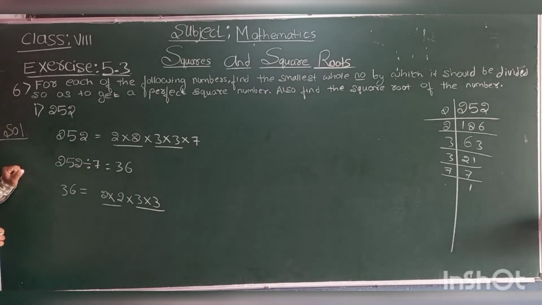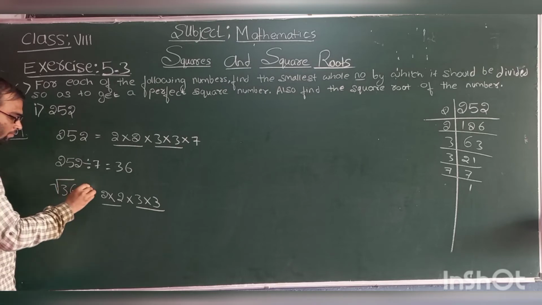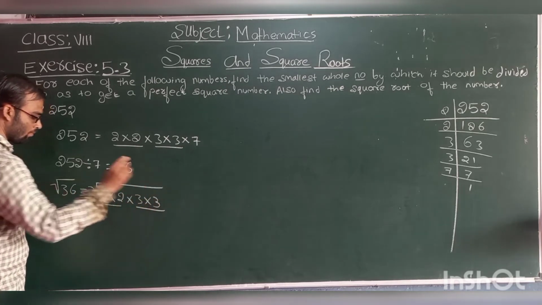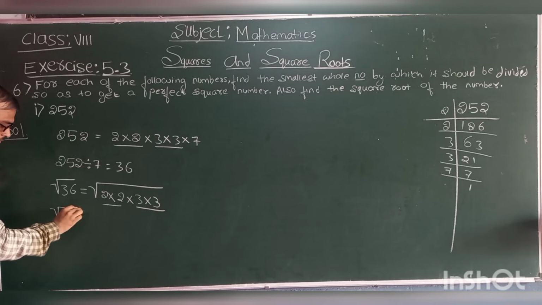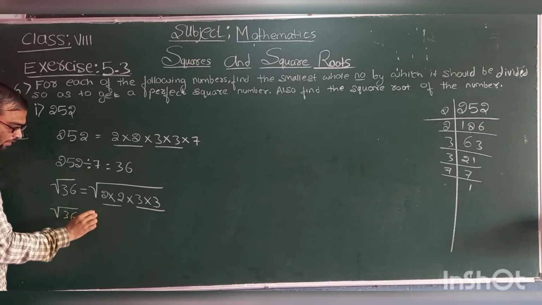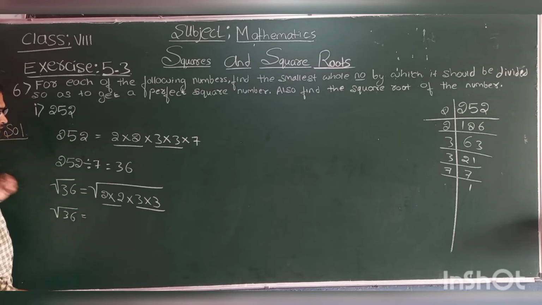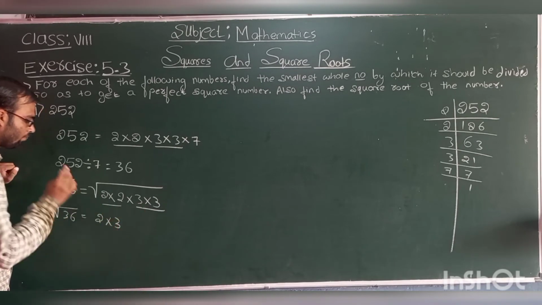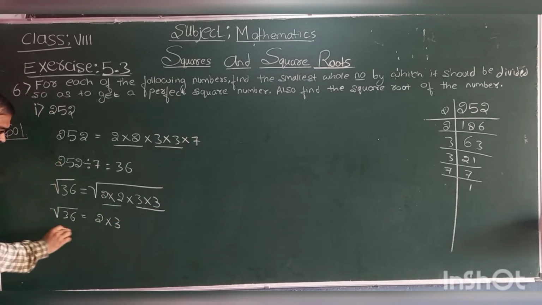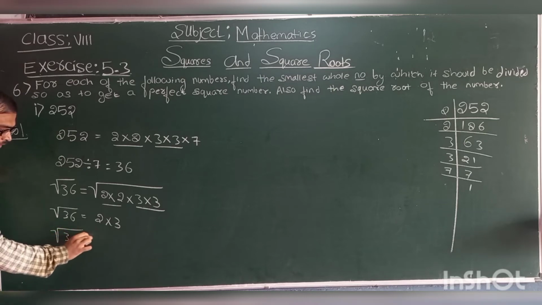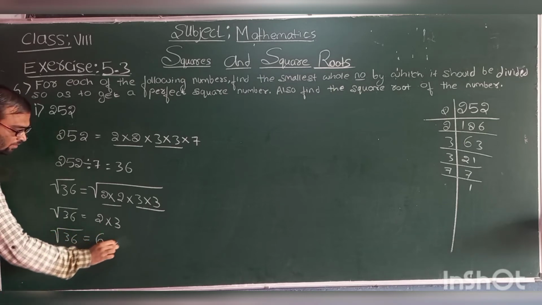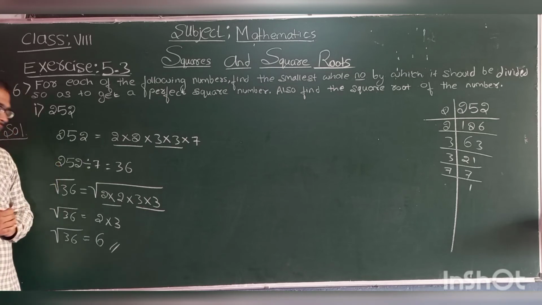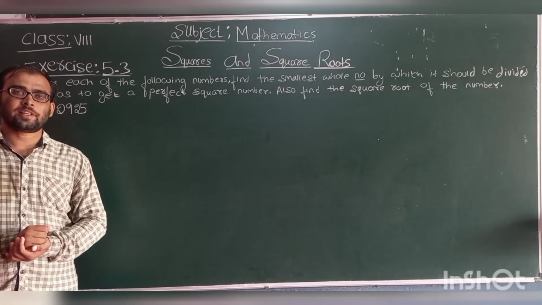So now we need to find the square root of this number. Here take 1 time 2, 1 time 3, 2 3s are 6. Then the square root of 36 is what? 6.